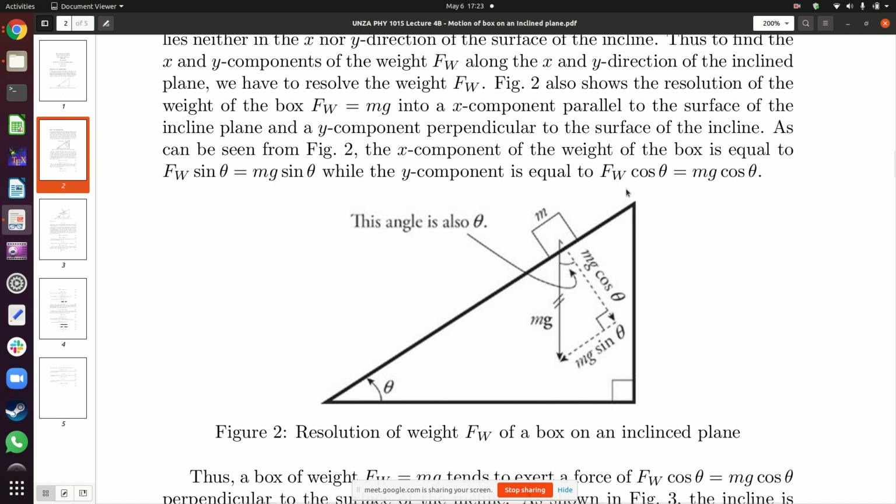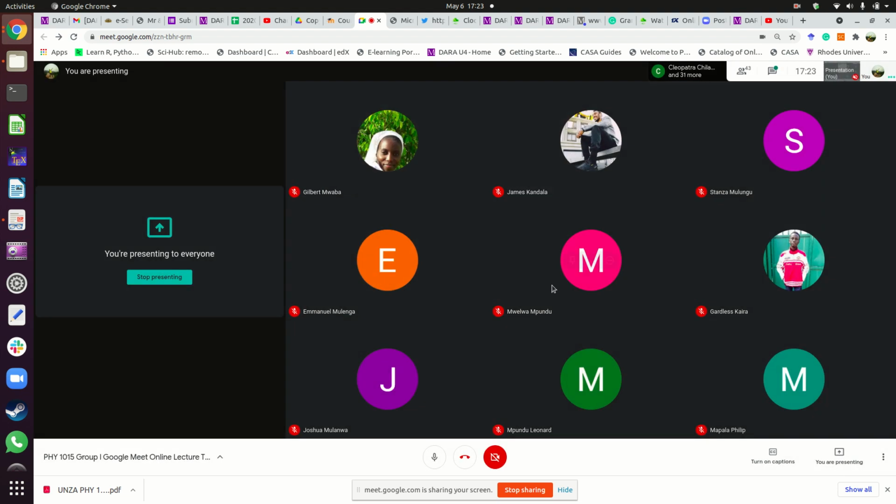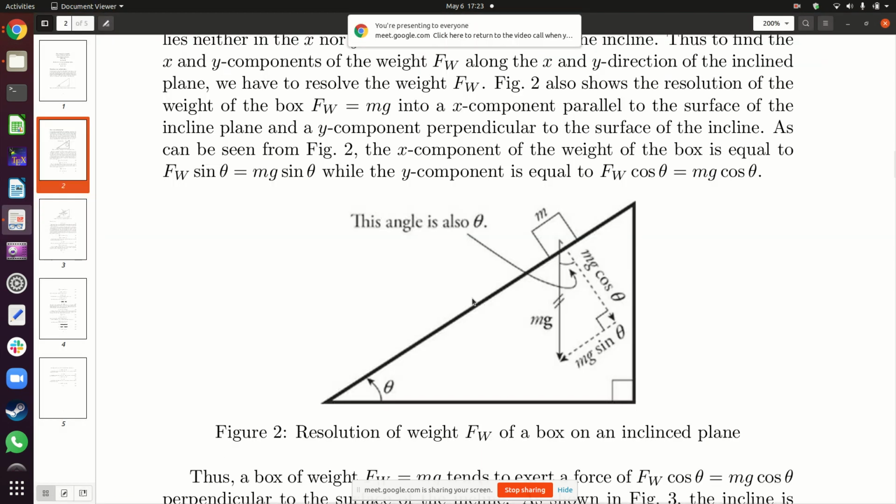So any direction parallel to the incline, we choose as our x-axis. If that is our x-axis, we know that the x and y axes are at 90 degrees to each other. If we choose the direction parallel to the incline to be the x-axis, then we can choose the direction perpendicular to the incline, at 90 degrees to the incline.